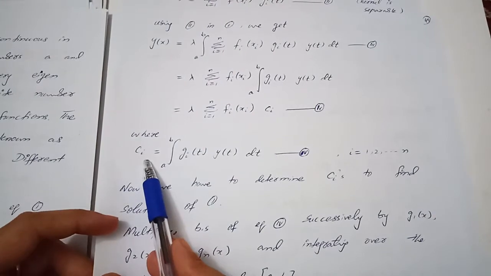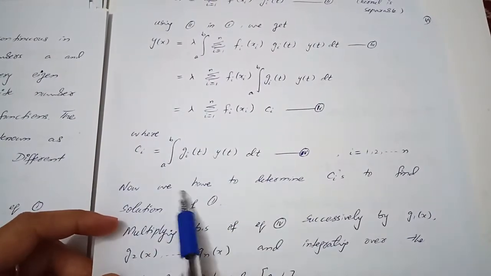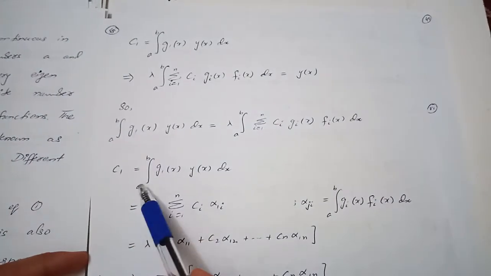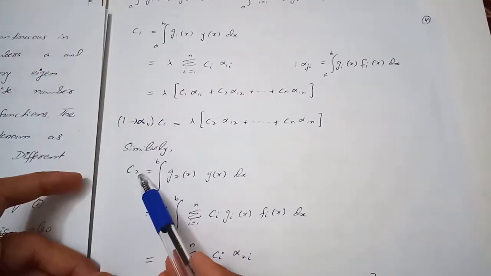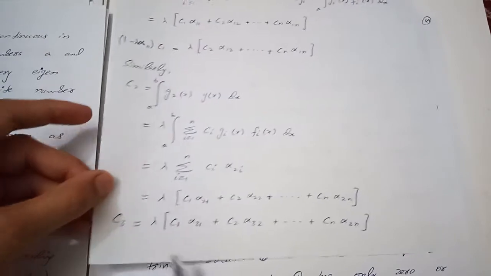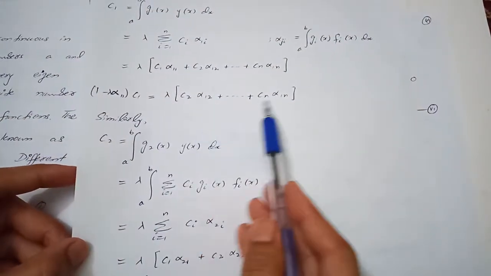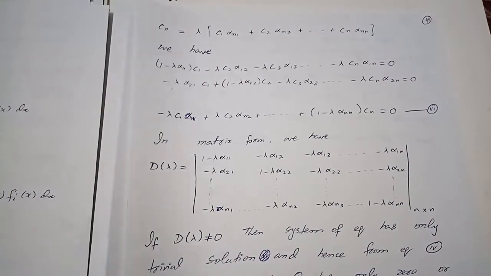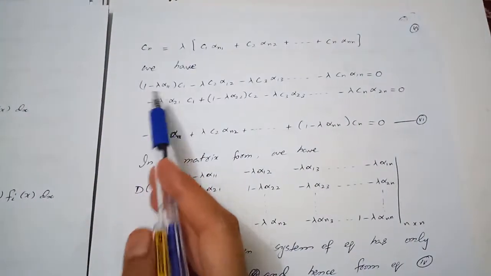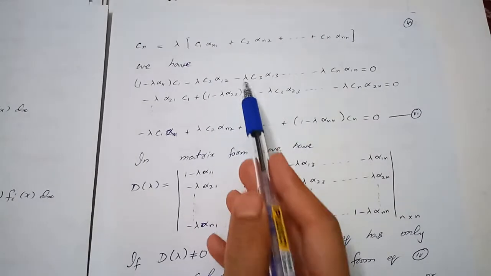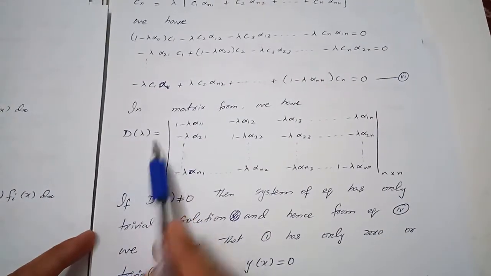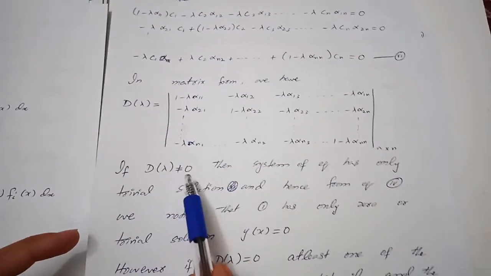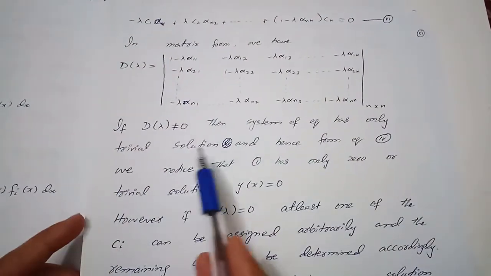Just take it outside, write it separately, that constant, and then generally we have found some constants c1, c2, c3 in terms of lambda and some alphas, where alphas are written here. Then after finding all the constants c1, c2 up to cn, we have written their equations and write up their determinant D of lambda. If D of lambda is non-zero, the system of equations has only trivial solution.